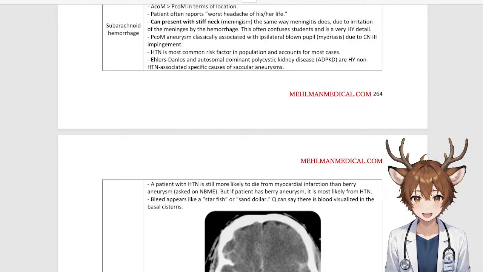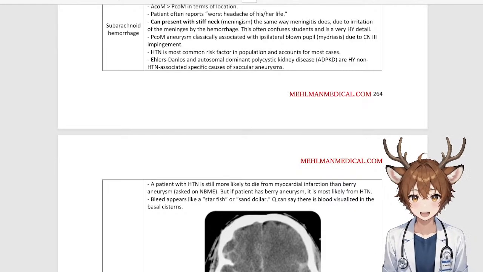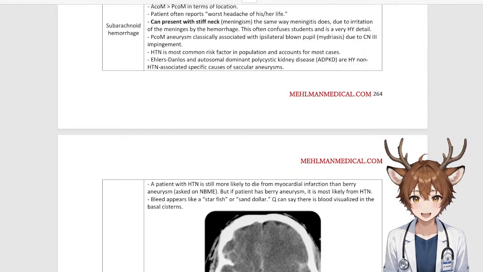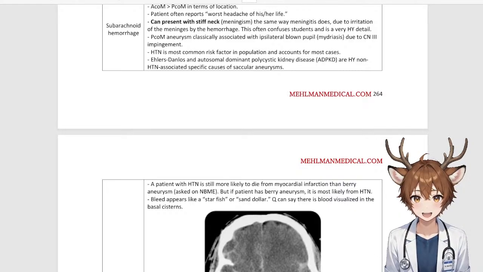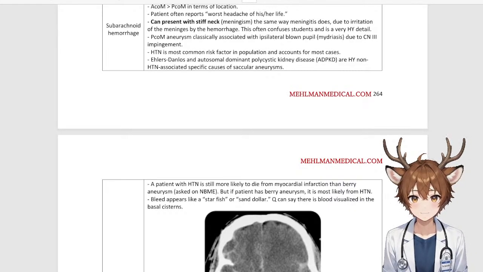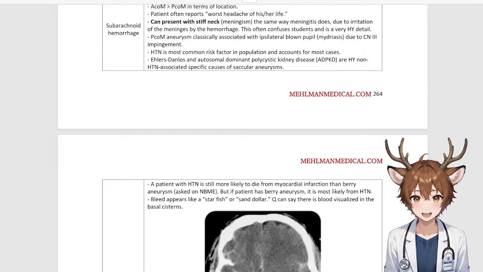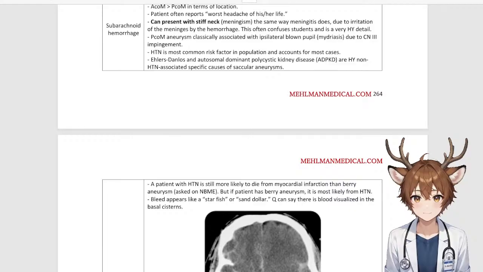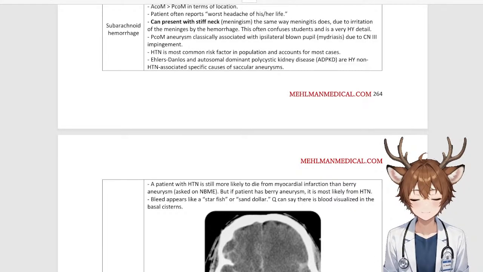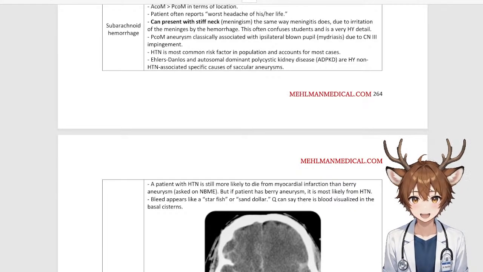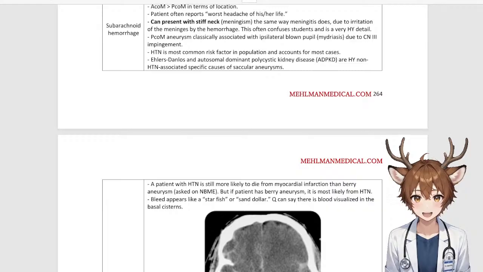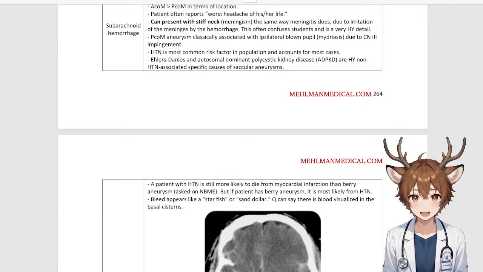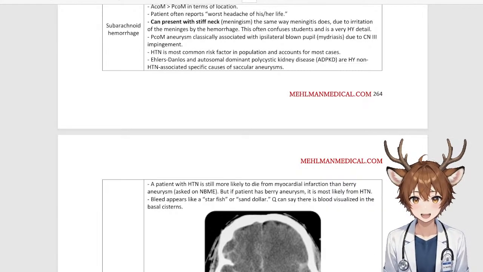So what they're saying is that even though berry aneurysms are associated with hypertension, you're still more likely to die of MI. So even though there's a correlation between berry aneurysms and hypertension, the bigger issue for hypertension is still heart attacks. Okay?